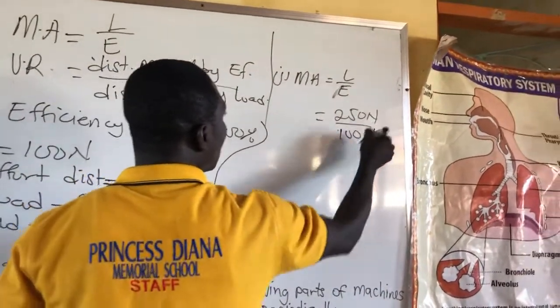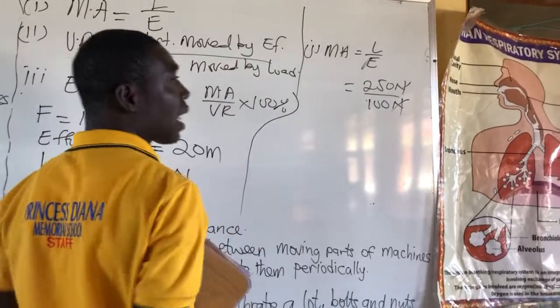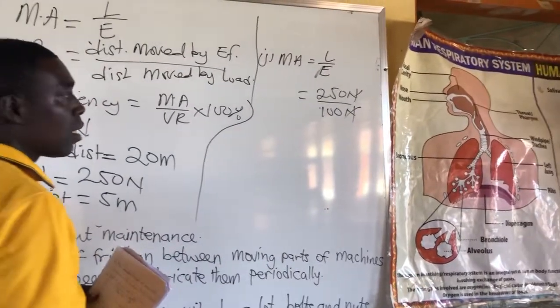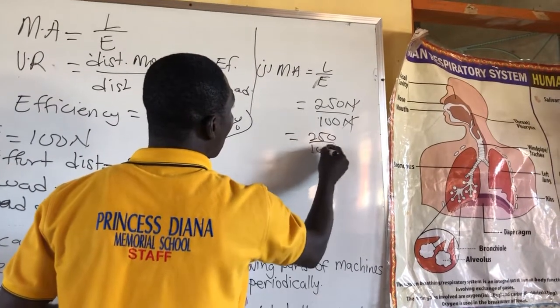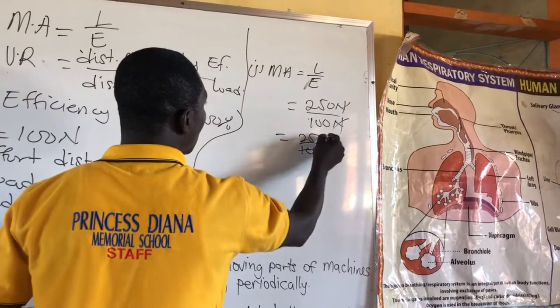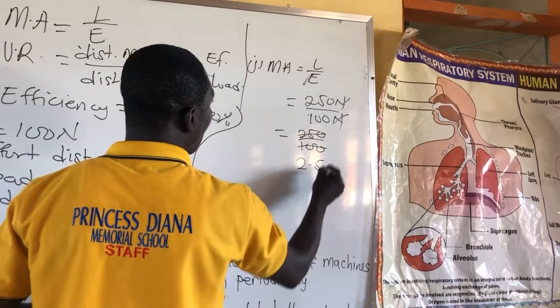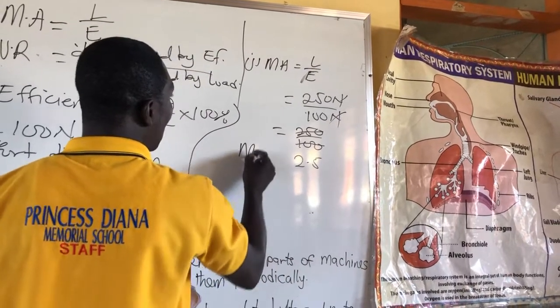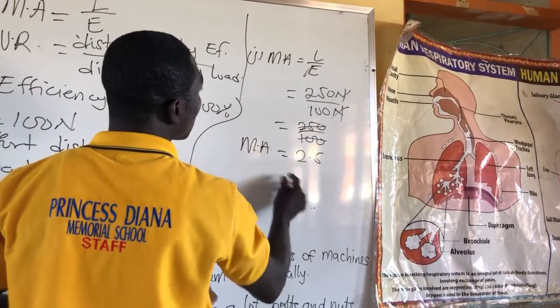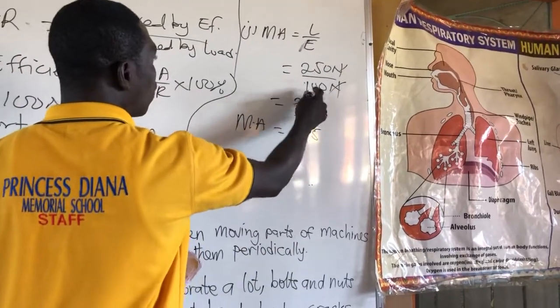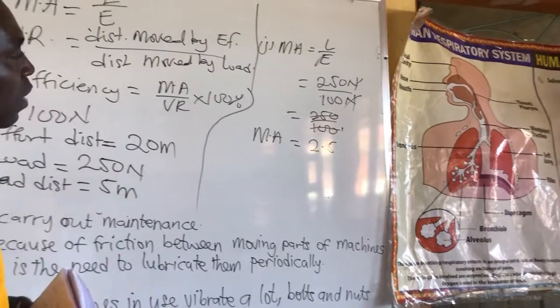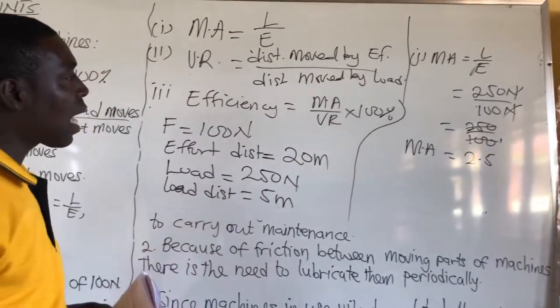The units cancel out, therefore mechanical advantage has no unit. So over here we have 250 divided by 100, and this gives 2.5 as the mechanical advantage. So this is the mechanical advantage.